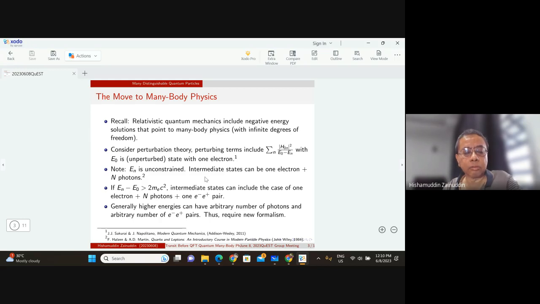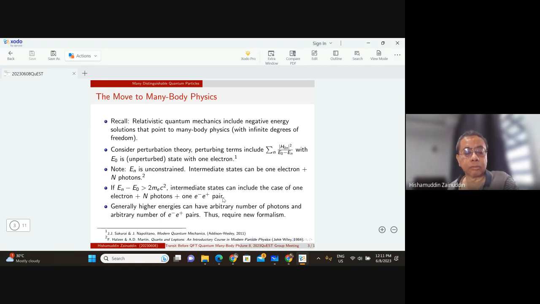But now, what's possible if the difference of energies is greater than twice the rest mass energy of the electron? One could now have intermediate states that include the electron positron pair. So you have enough energy to create this particle antiparticle pair.